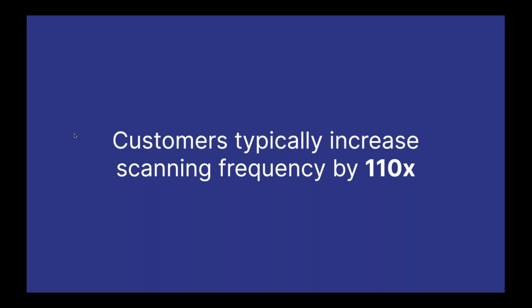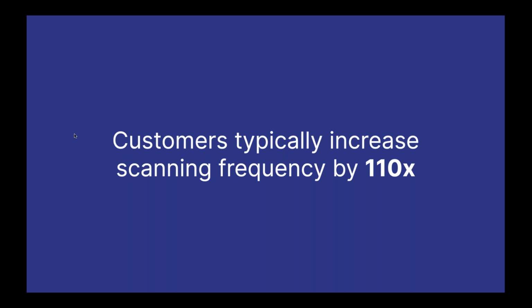So what we see with our customers is that as soon as they introduce security scanning into their pull request workflows, their scanning frequency is orders of magnitude higher than what they're used to. A lot of the legacy tools and vendors they were using previously maybe only scanned at release time.